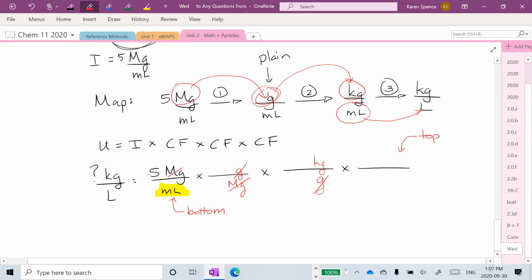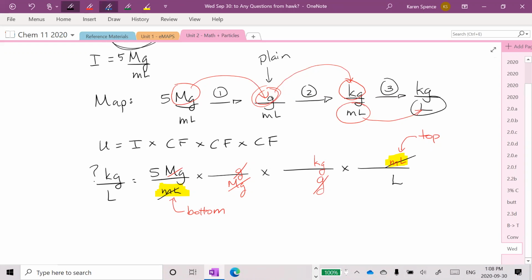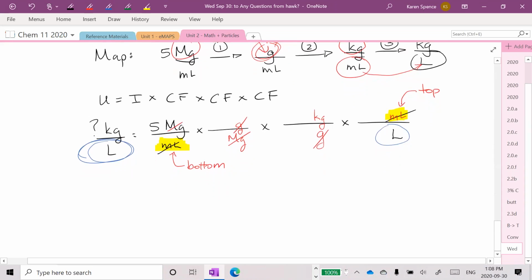So we're going to put our milliliters up here. And those will then cancel out very nicely. And I didn't want milliliters, I wanted to end up with liters, so my liters are going to go on the bottom. And look, I wanted liters on the bottom, and I have liters on the bottom, so that's a really good thing. Okay? And now, numbers.